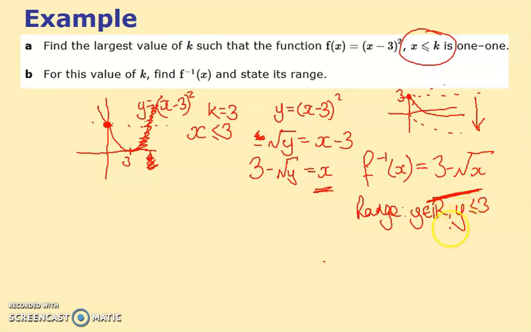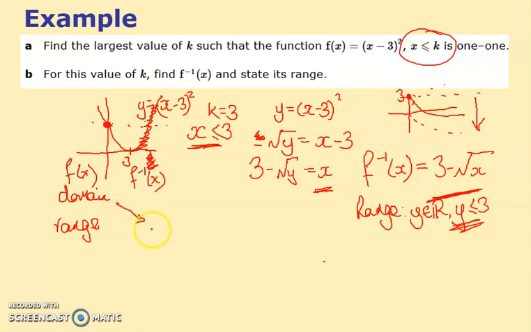Now one thing you'll notice actually is very similar to what we started with. And that's a consequence of what we saw in the last video. The domain and the range, if you know them of f of x, do you remember that thing that we saw? We saw it best saying the domain was the same as the range of the inverse, and the range was the same as the domain.